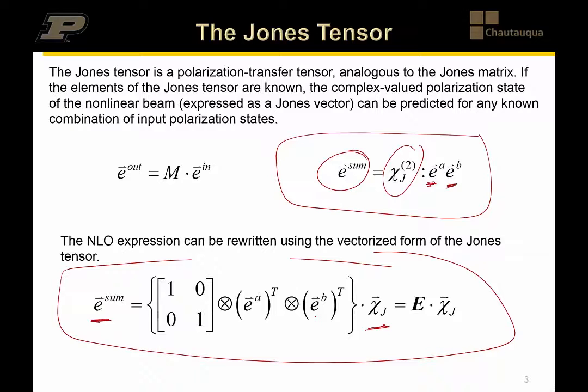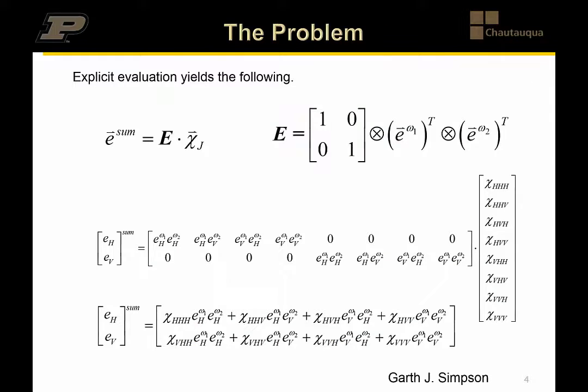And then Kronecker that with an identity matrix, and that identity matrix then allows us to describe the horizontally polarized component in terms of these two terms, and the vertically polarized component in terms of these two incident polarization states, and therefore accessing all 8 elements in the Jones tensor. And we can describe this mess of stuff, which is really just a simple 2 by 8 matrix, by E. And we can use that notation to simplify things for the Jones tensor.